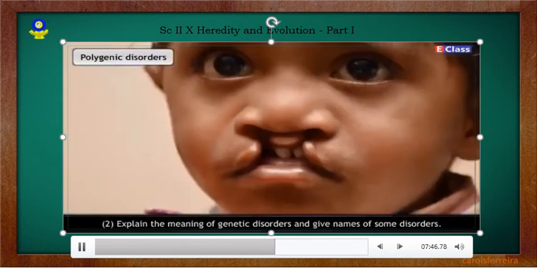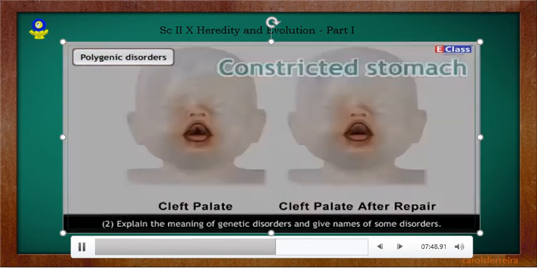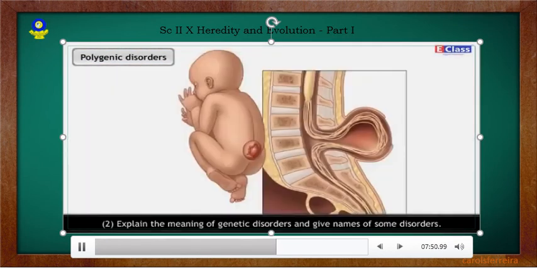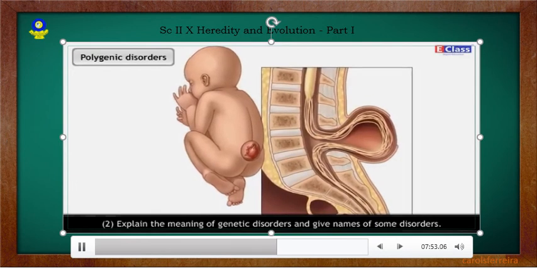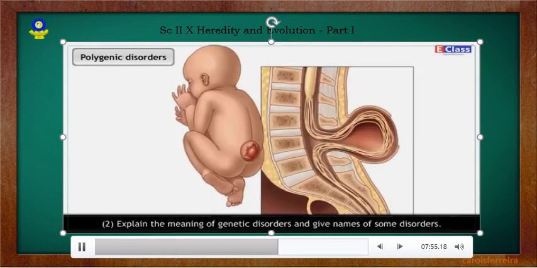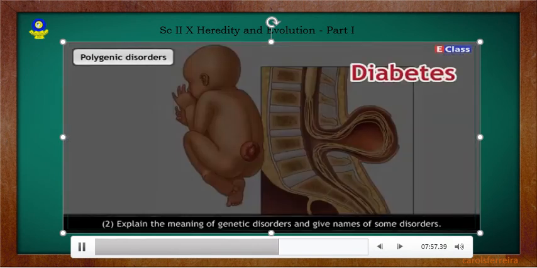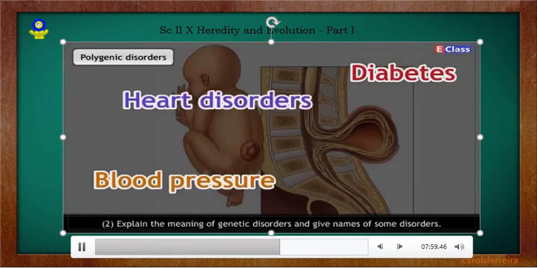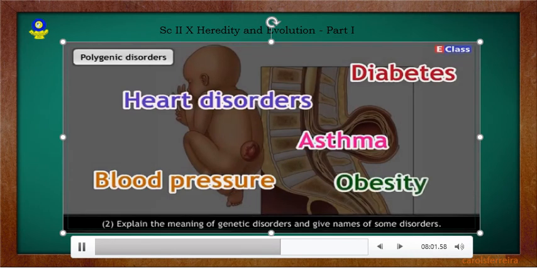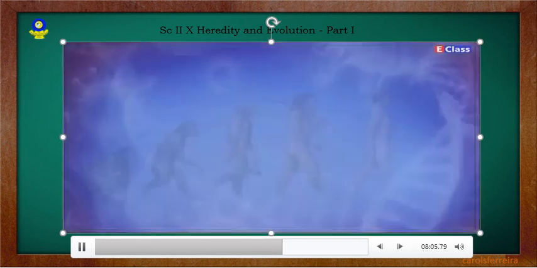Polygenic disorders: cleft lip, cleft palate, constricted stomach, spina bifida, a defect of the spinal cord, etc. are polygenic disorders. Diabetes, blood pressure, heart disorders, asthma, obesity are also polygenic disorders.